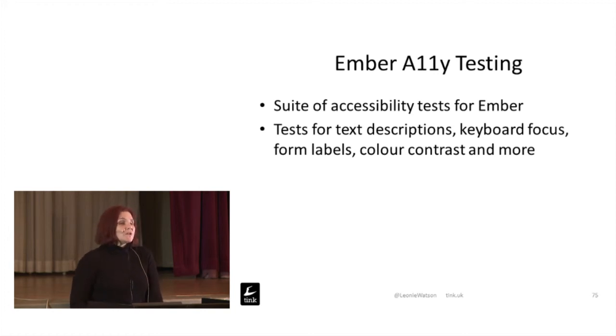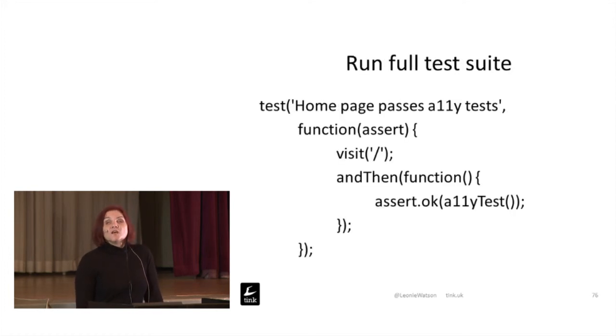And you can run full tests with the Ember test suite. You just call it into one of your assertions, and if you're running the full test suite, what this will do is run all the tests that are available, and if they all pass, it will just return OK. So it's a pretty straightforward way to be able to assert against something and take action accordingly.